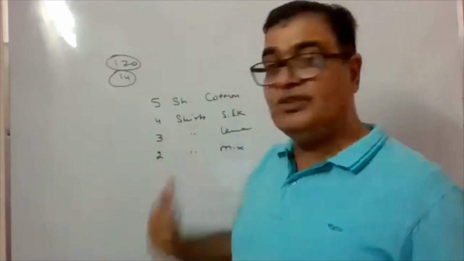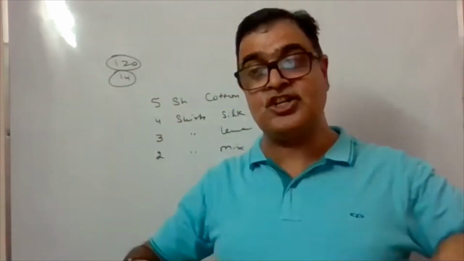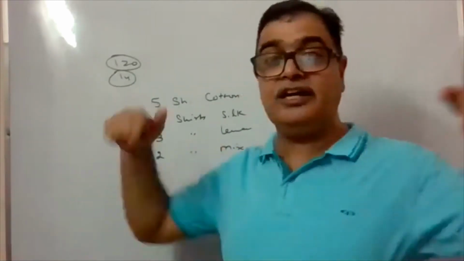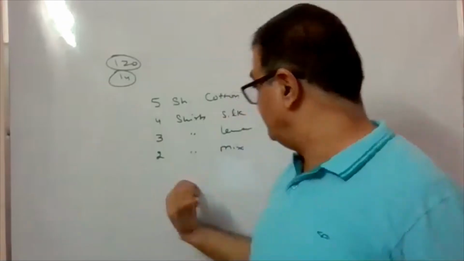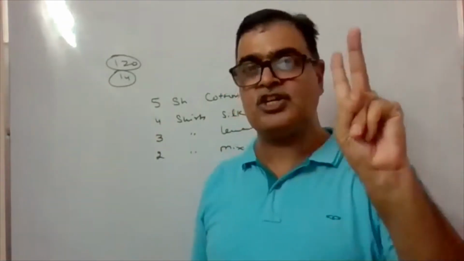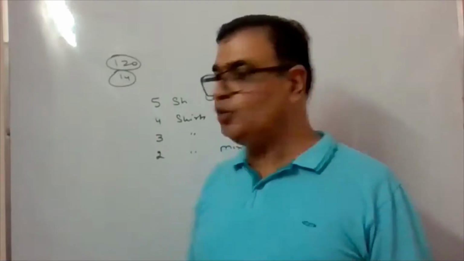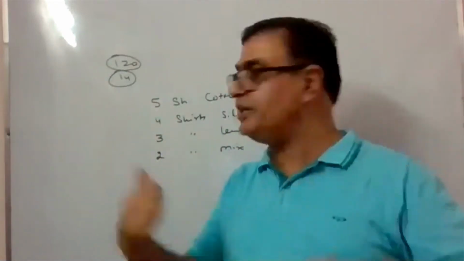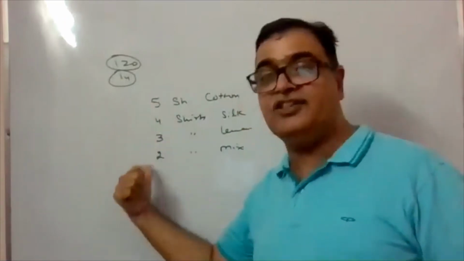And then on that we are taking a silk shirt? We won't do that. Then on that a linen shirt and a mixed shirt? We will not wear 4 shirts, we will wear only one shirt. If you do it this way, 5 into 4 into 3 into 2, that means you are doing this and this and this and this.